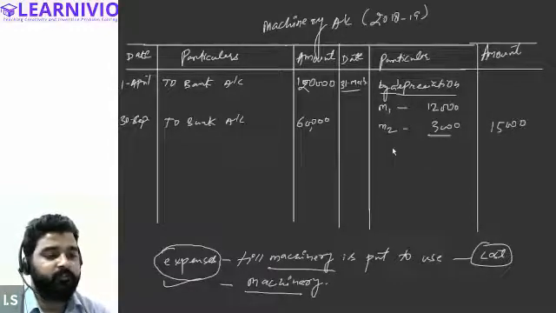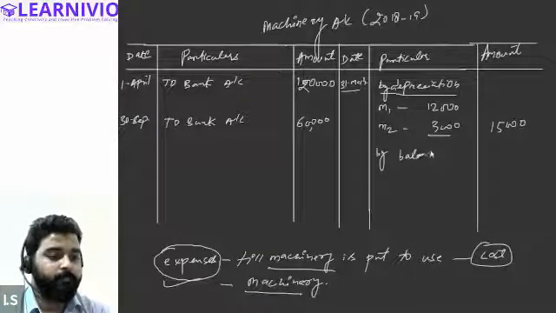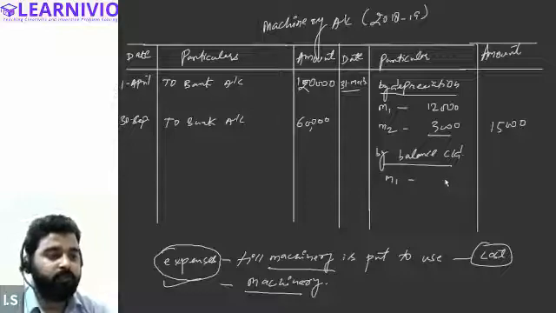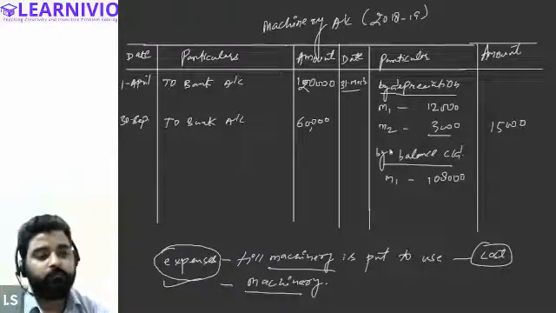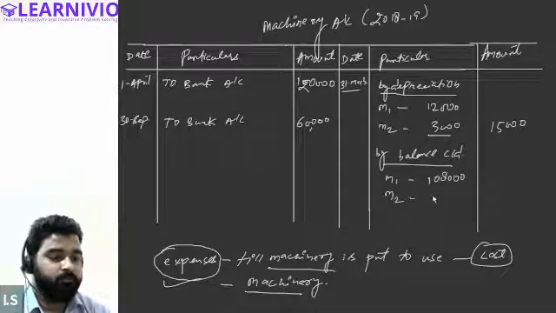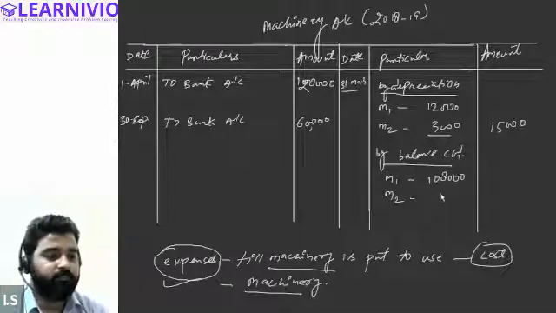Okay, now we will find out the closing balance by balance c/d. Balance c/d for the first machinery will be 1,08,000. And for the second machine, 60,000 minus 3,000, it will be 57,000.